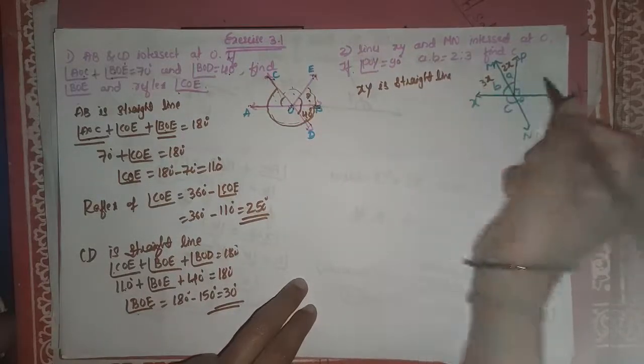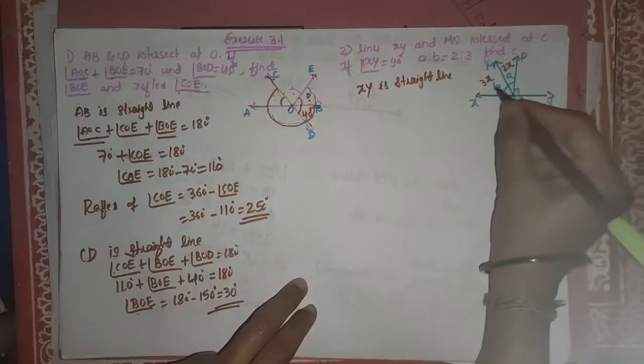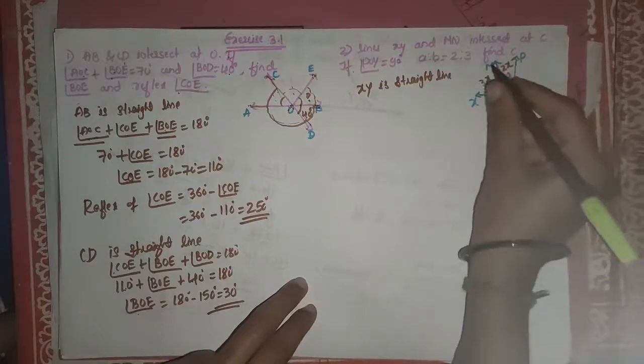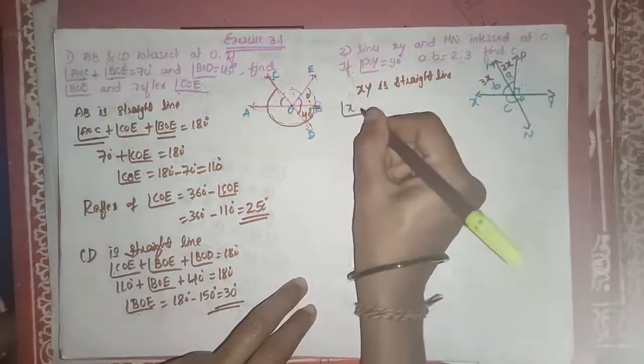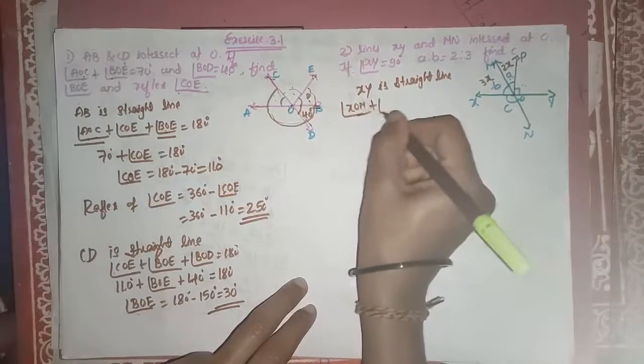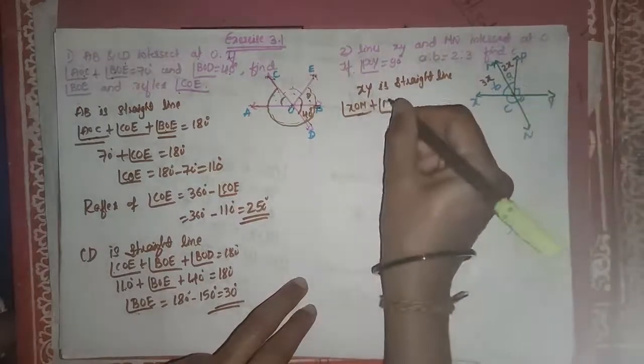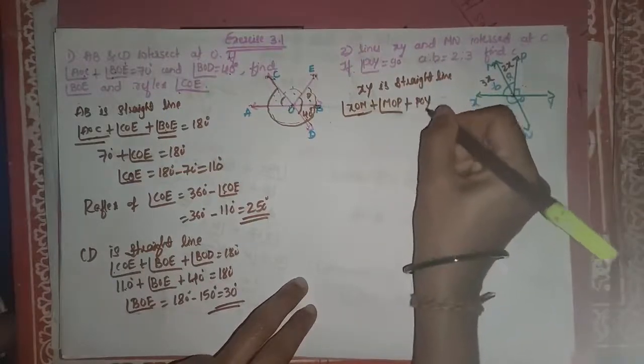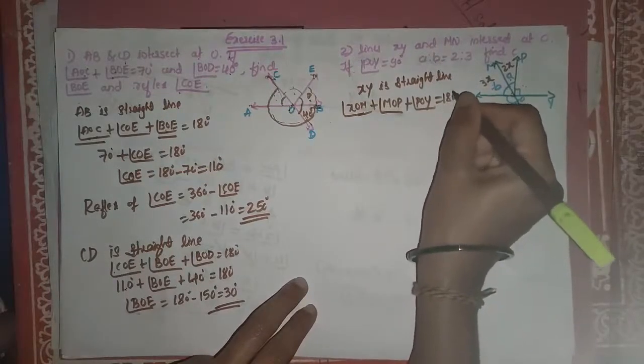So if XY is a straight line, there are three angles on XY. The sum of the three angles is 180. That is XOM plus MOP plus POY, so the sum is 180 degrees.